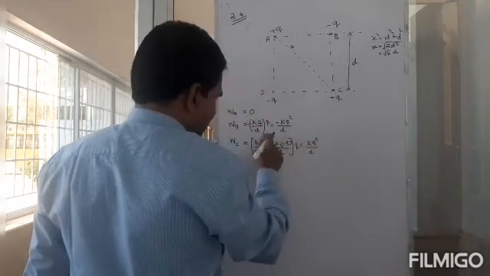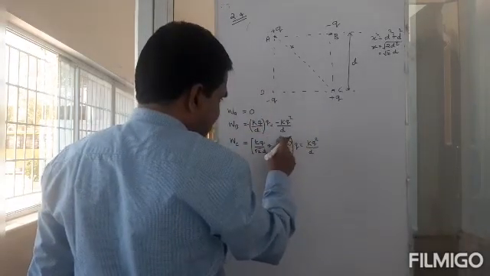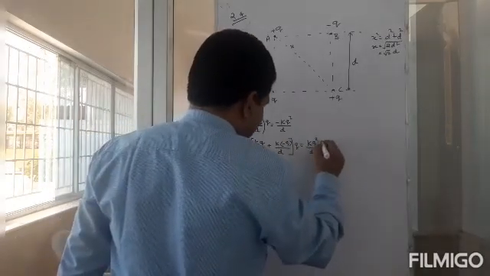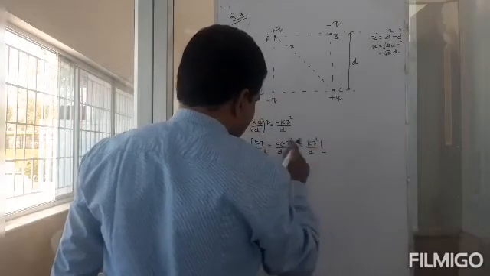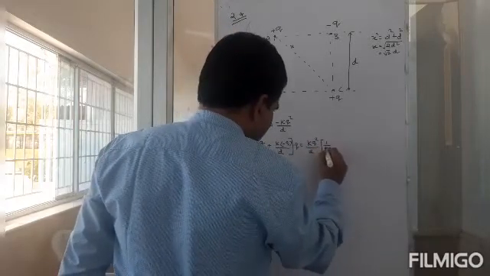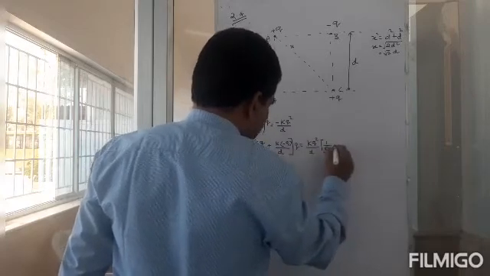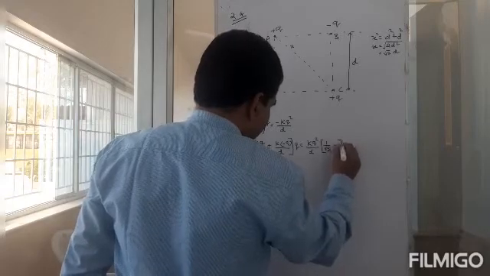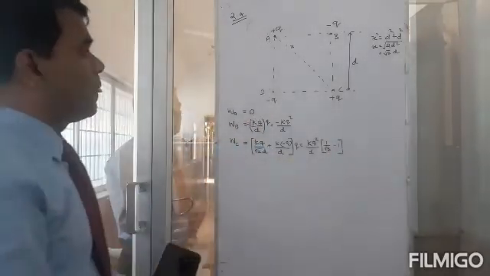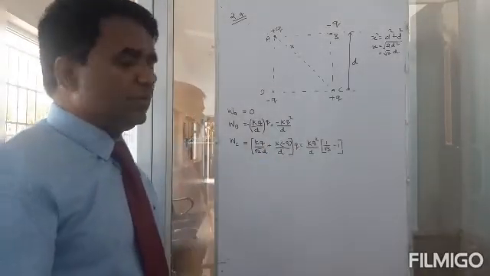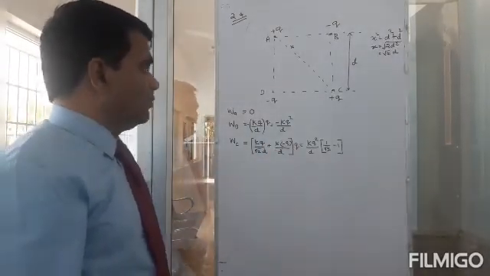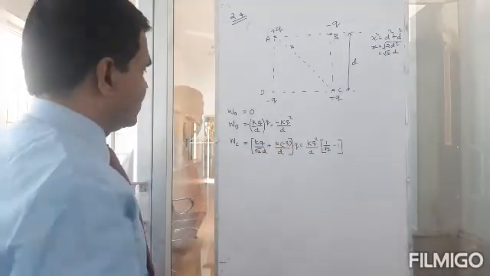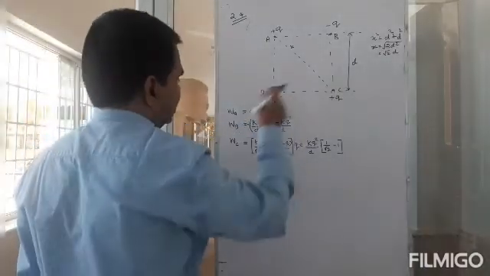That is kq squared, then minus kq squared by d there. I can take this out. So this will be equal to 1 by root 2 minus 1. So this is what I get if I simplify it.